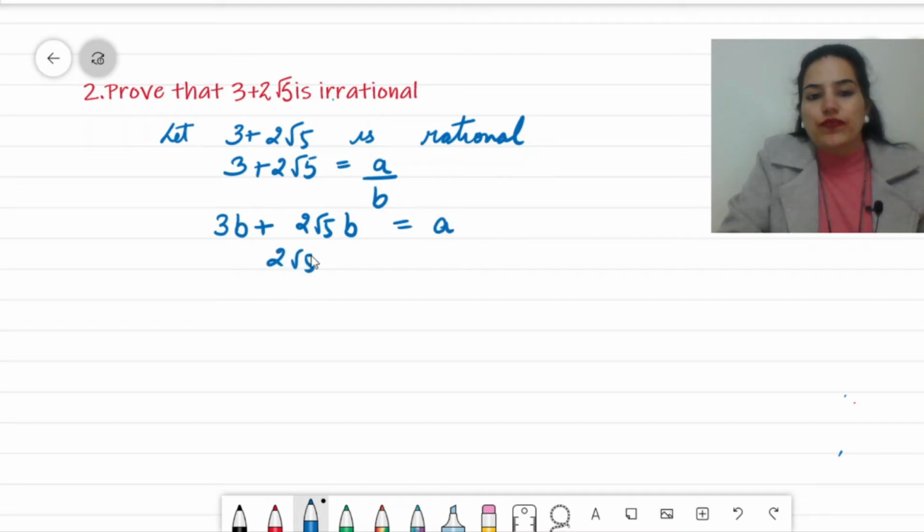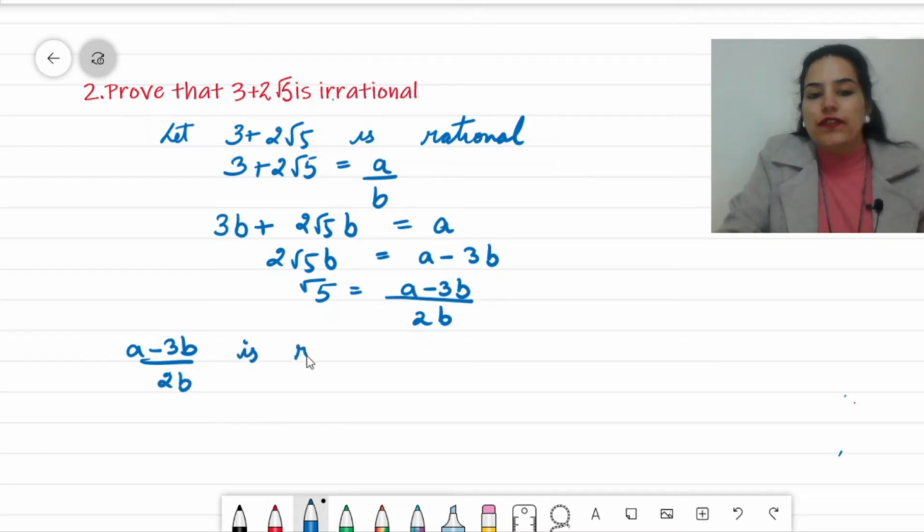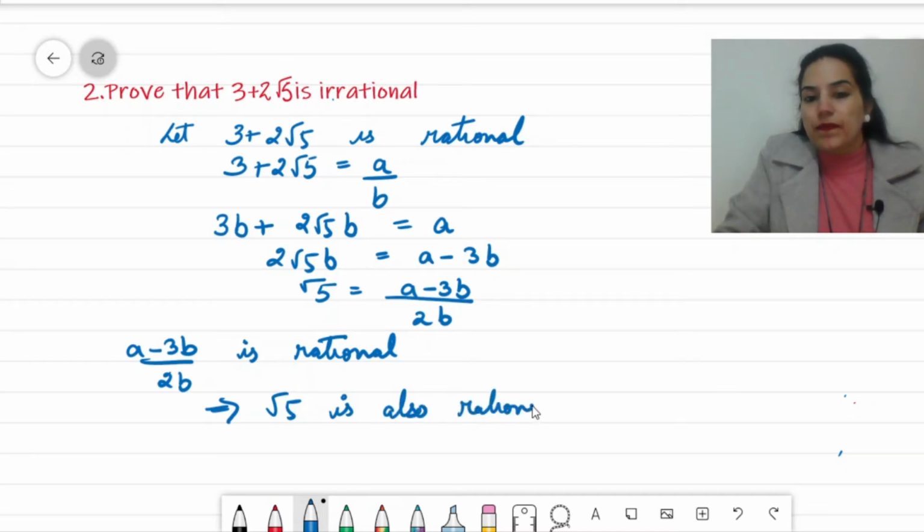Now keeping 2 root 5b on one side, a minus 3b, I can say root 5 is equal to a minus 3b upon 2b. Now both of them are equal. Now a and b were integers. That means a minus 3b upon 2b is rational because a and b are integers, which implies that root 5 is also rational because both of them are equal.